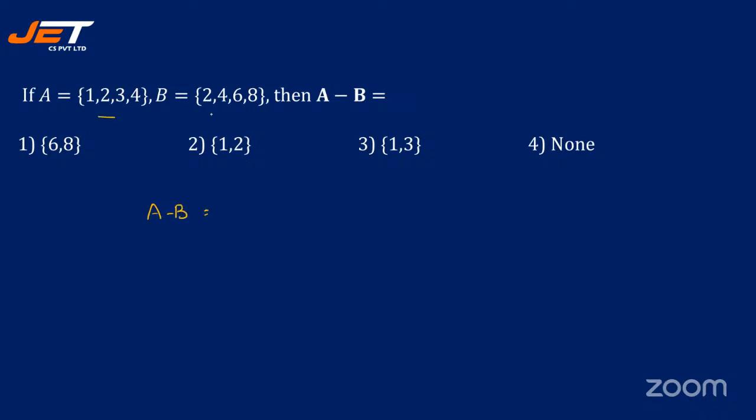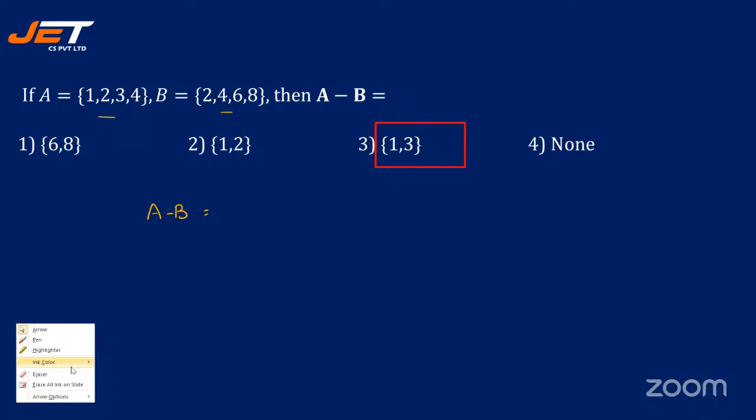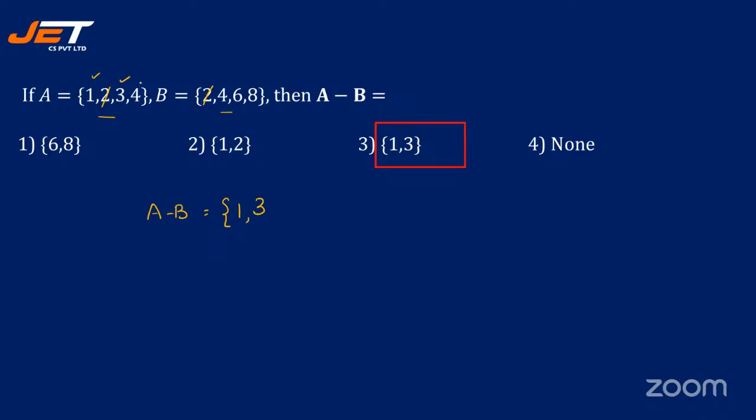In A minus B, whatever is in A should not be in B. 1 is there in A, but in B, 1 is not there, so take 1. 2 is there in B, so you cannot take 2. 3 is not there in B, so take 3. 4 is there in B.